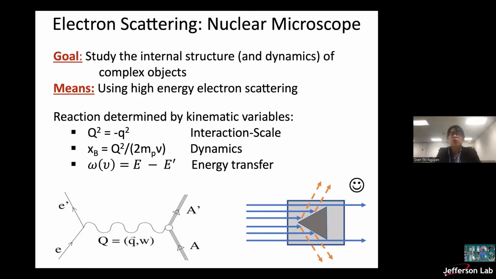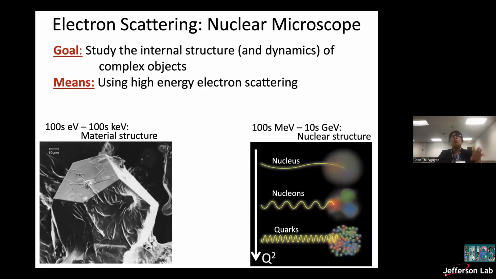So how should we visualize, how should we understand these variables in daily language? I mentioned that Q squared plays the role very much like resolution. When we think about the resolution of a microscope, better resolution means you will be able to see smaller objects.